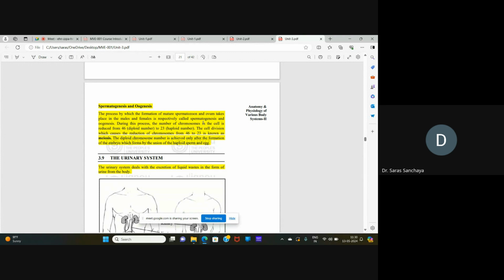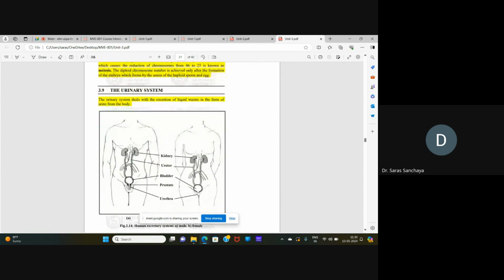The cell division, which causes the reduction of chromosomes from 46 to 23, is known as meiosis. And normal cell division is called as mitosis. The diploid chromosome number is achieved only after the formation of the embryo, which forms from the union of haploid sperm and egg, that is diploid number of chromosomes.